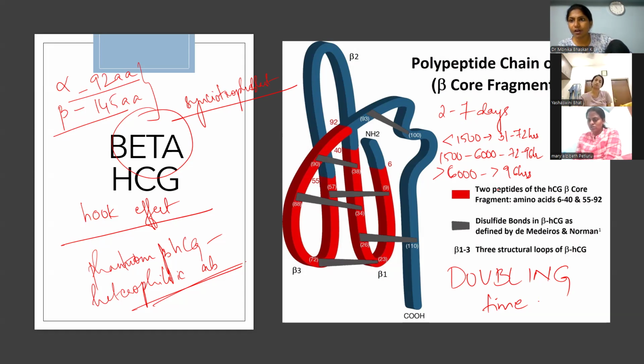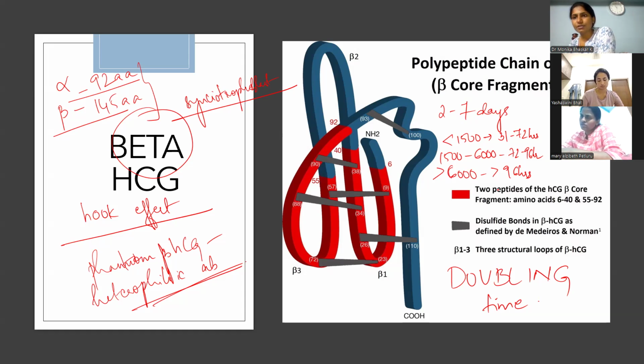Usually normal doubling occurs in an intrauterine pregnancy, but this doubling will not occur in an ectopic pregnancy. So to rule out between intrauterine and ectopic, for example, today's value is 1500. You repeat the value after 2 days. It should have become 3000. But if it is still 1800, you have to rule out the possibility of ectopic pregnancy. So usually in an intrauterine pregnancy, normal doubling occurs, but in ectopic pregnancy, this doubling will not be there.